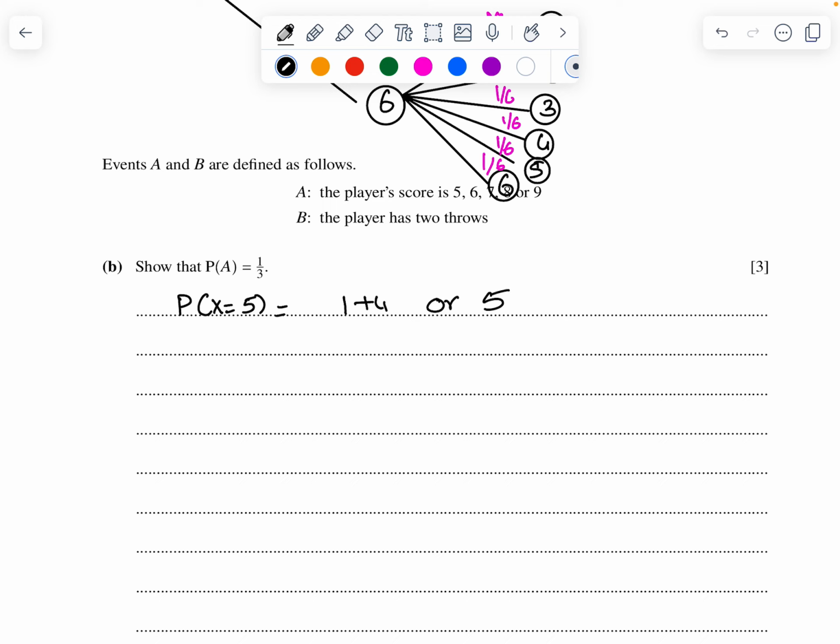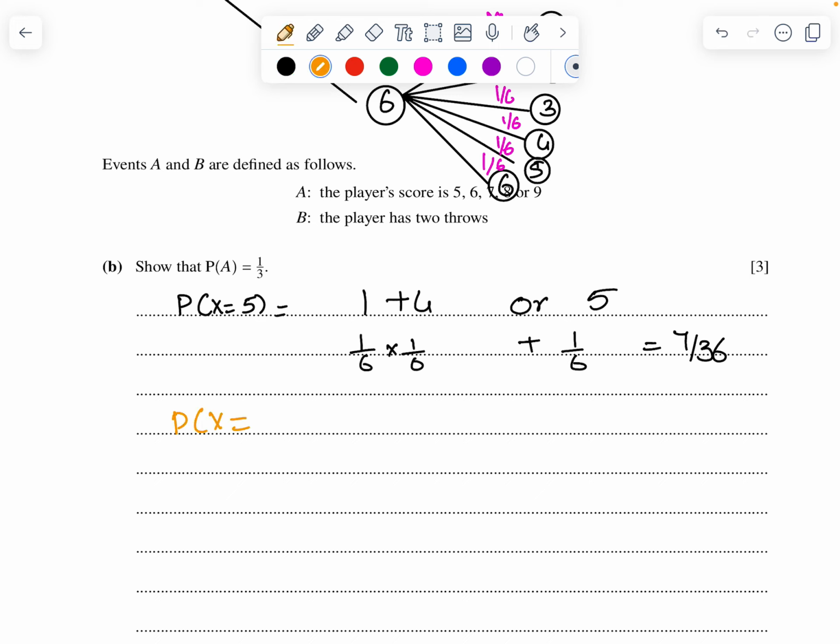So 1 plus 4: 1 is 1 upon 6. He can get 1 plus 4 or he can get 5. So this is 1 upon 6 times 1 upon 6, or this is 1 upon 6. So this is going to be 7 upon 36. Now he should be getting 6. How can he get 6?